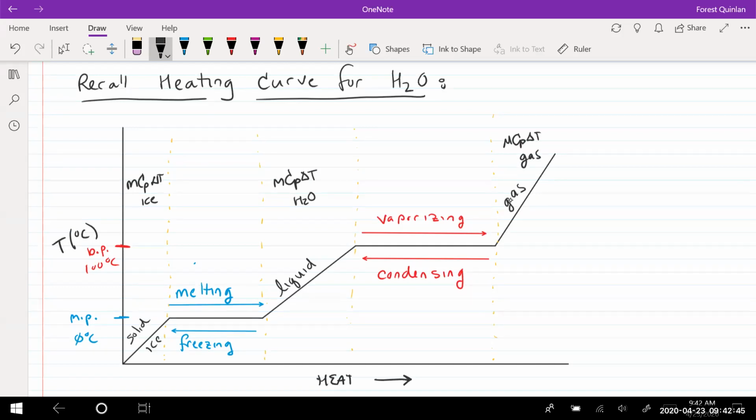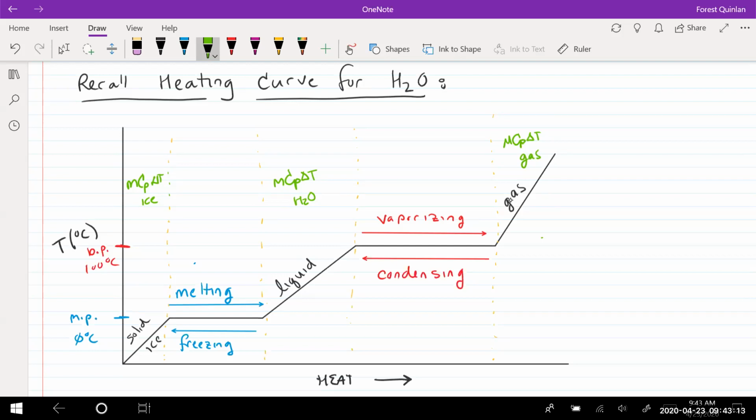Now, if you remember, let me go ahead and change these colors. If you remember, I said that every material has its own heat capacity. So even though this is water, depending upon its form, its heat capacity will change. So we have to denote whether or not we're using the heat capacity for ice, or the heat capacity for water, or the heat capacity for the water vapor.